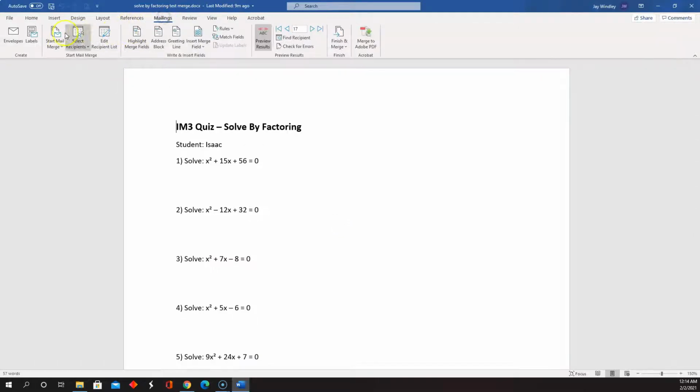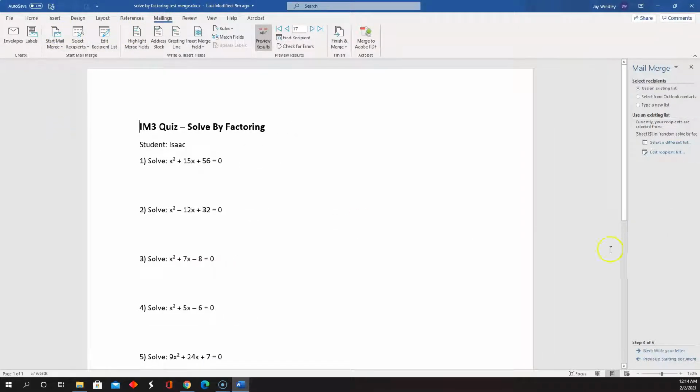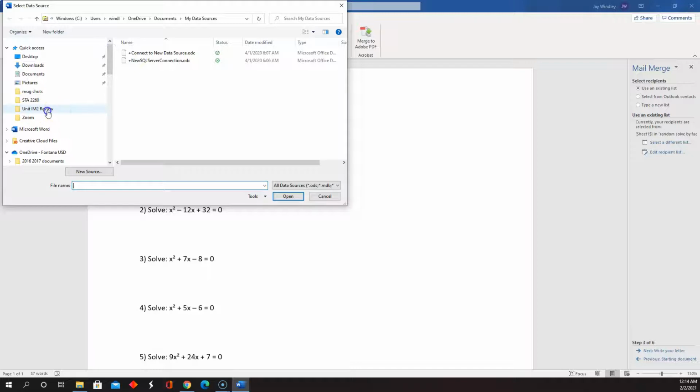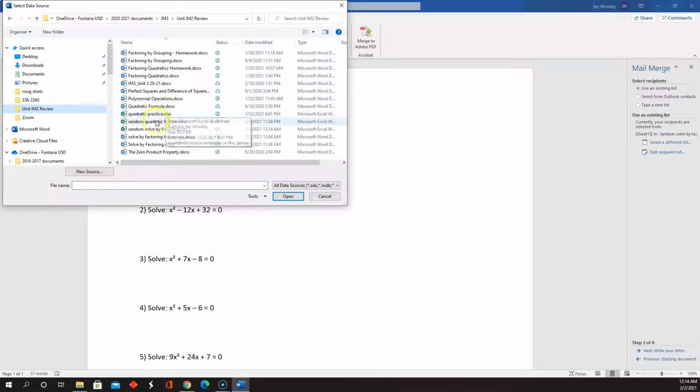And we click on the Mailings tab, and we do step-by-step merge. And we're going to select a different list now. Bam. So now we're going to go up to the folder that it's in. We're going to click on Random Solve by Factoring again.